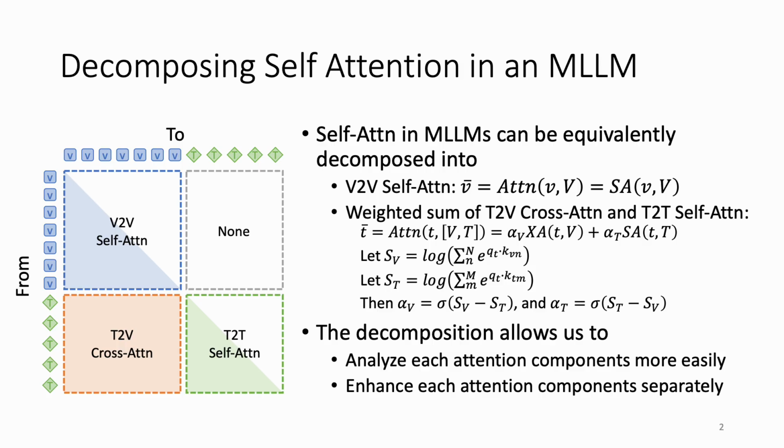This is exactly where and how visual and textual tokens interact within the LLM. Please refer to our paper for detailed derivations. And with this decomposition, we now understand how visual and textual tokens interact within the LLM, allowing us to analyze and enhance each attention component separately and more easily.